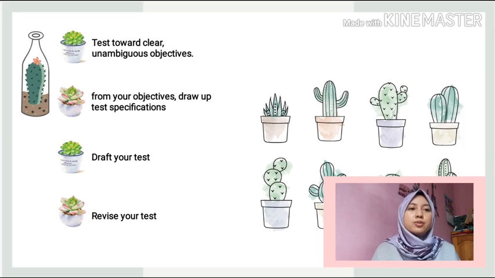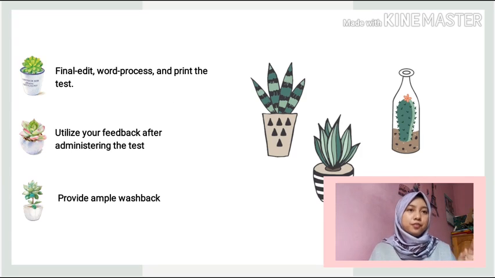Is each item stated in clear, simple language? Does each multiple choice item have appropriate distractors, that is, are the wrong items clearly wrong and yet sufficiently alluring that they aren't ridiculously easy, and so on.